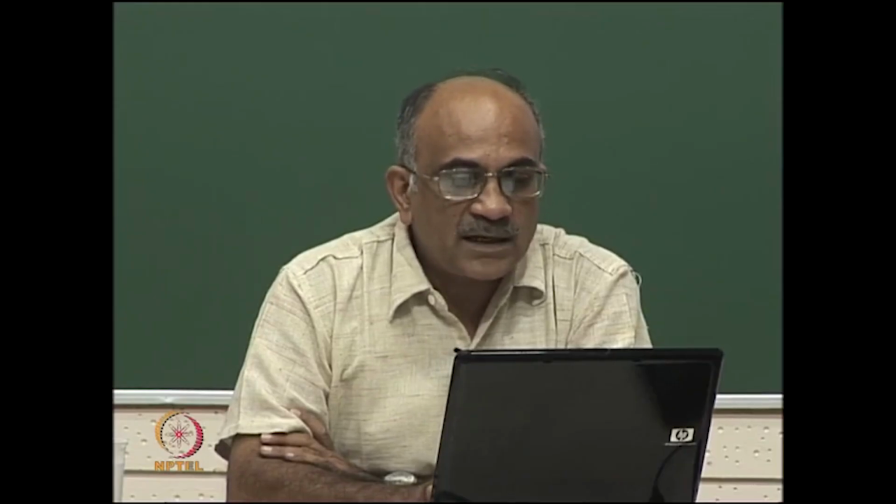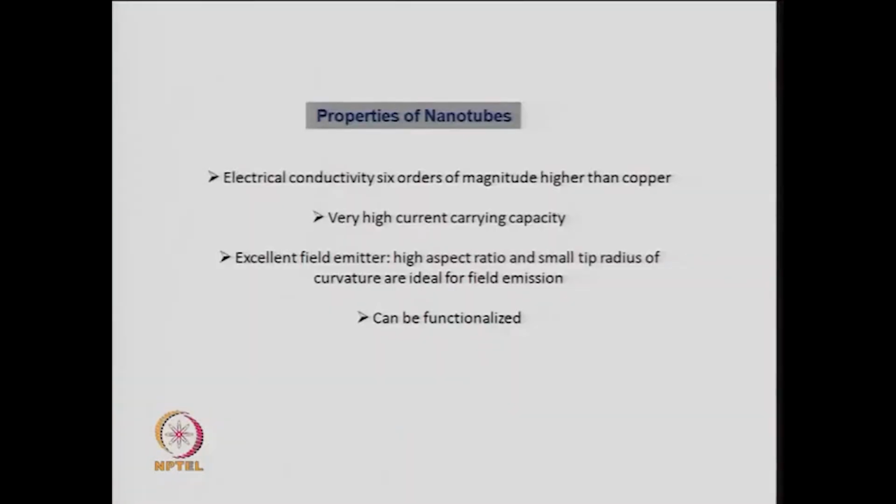Now, carbon nanotubes are excellent field emitters, and that is because they have very high aspect ratio. The aspect ratio of any wire or a rod is the ratio of the length divided by the diameter.